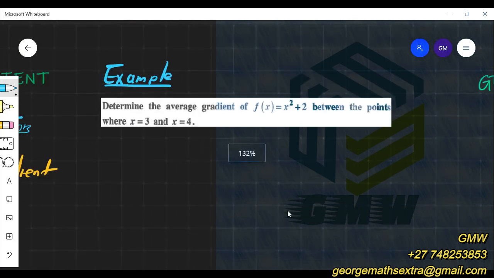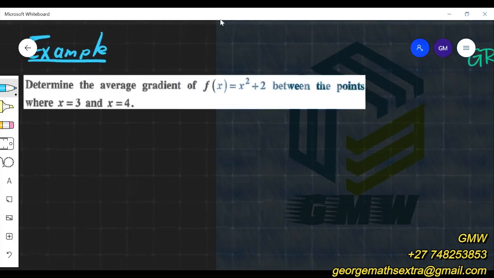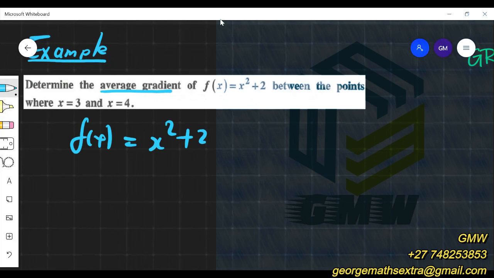You see the question? Between the points. So they brought the word average gradient. Now we know the meaning. It's just change in y over change in x, right? Are you with me?